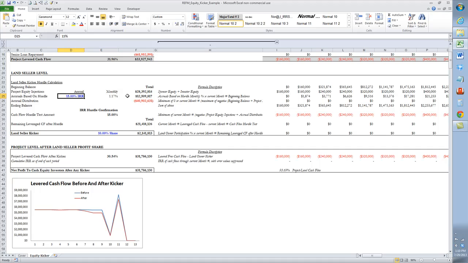So if we were to take it down to a 0% share, the after and the before are equivalent to one another. If we were to take it down to a 0% IRR, what we'll see is the after line will in essence begin sooner than it is currently. Okay, and that's because we start to exceed the 0% IRR sooner than we exceed anything above 0% IRR.